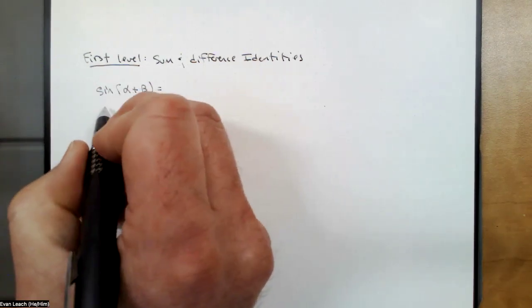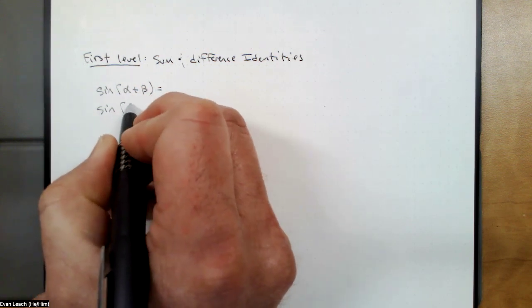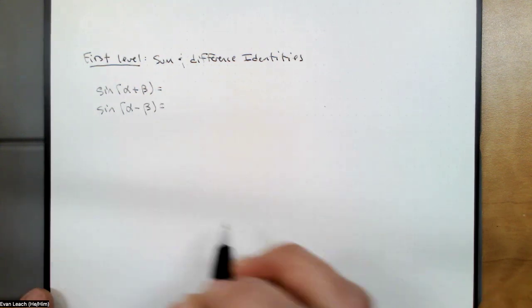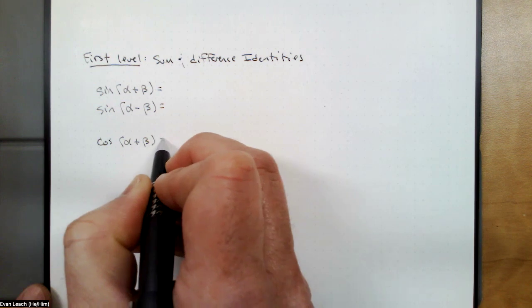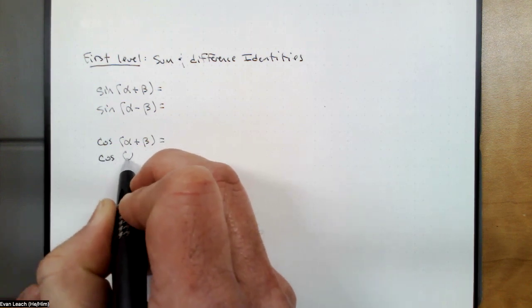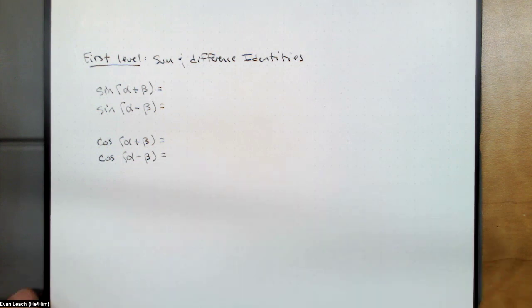So things like this sum identity for sine, a difference identity for sine, a sum identity for cosine, and a difference identity for cosine. From these, we will build other identities. We just want to see the structure.